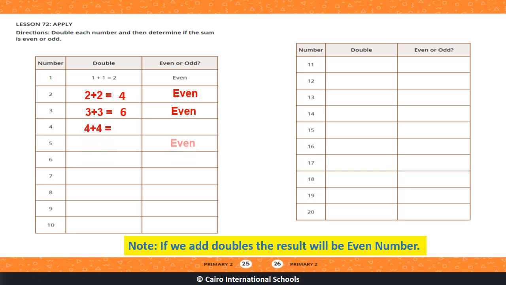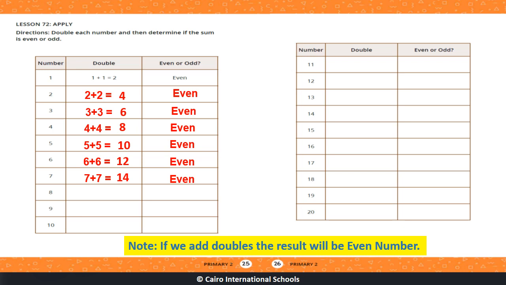4 plus 4 equals an even number. The result equals 8. 5 plus 5 equals an even number because they are doubles. So the result equals 10, and 10 is even. 6 plus 6 equals an even number, and the result equals 12. 7 plus 7 equals an even number because we are adding doubles.